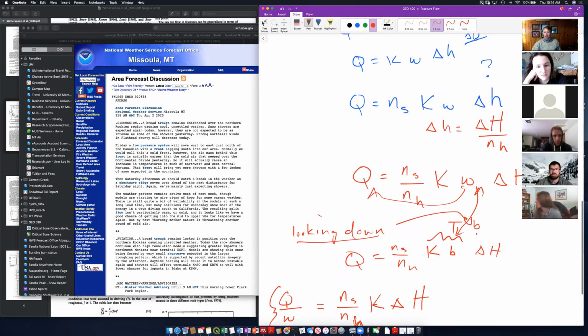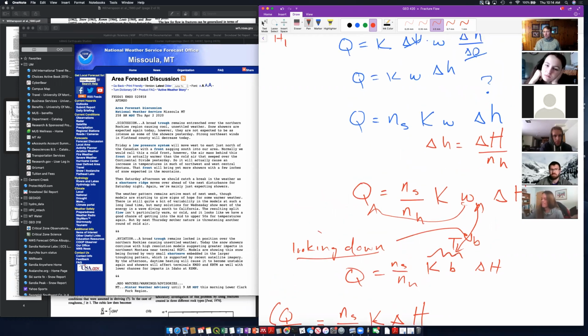Again, you can use transmissivity if you're looking down on your problem and calculating the unit discharge per horizontal width for a horizontal tube. But here we're looking sideways, in cross section.